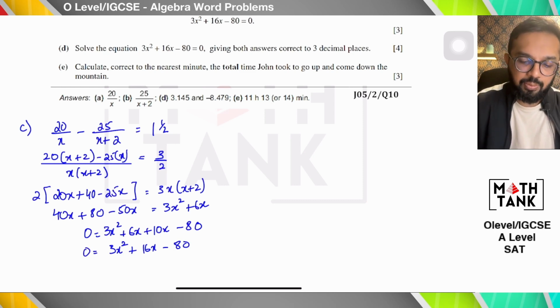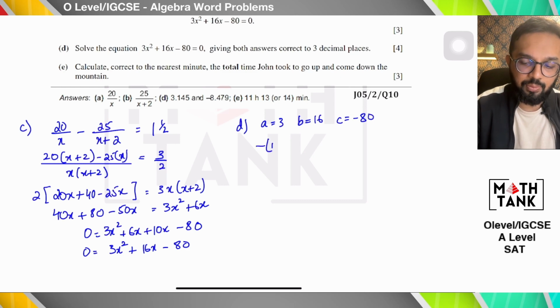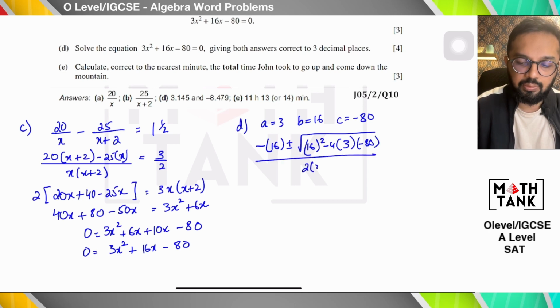Then the next part should be about solving the quadratic equation. I think that's simple. a is 3, b is 16 and c is minus 80. You can use your quadratic formula, minus b plus or minus root of b squared minus 4ac, over 2a.